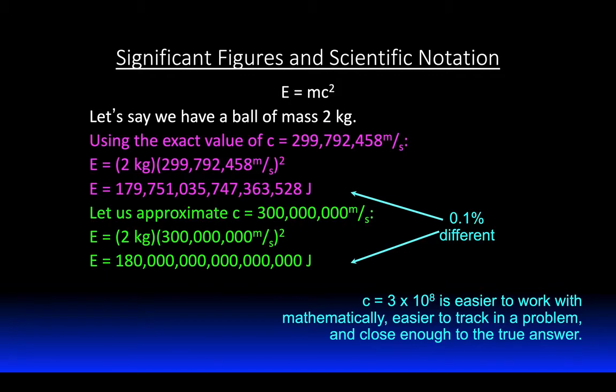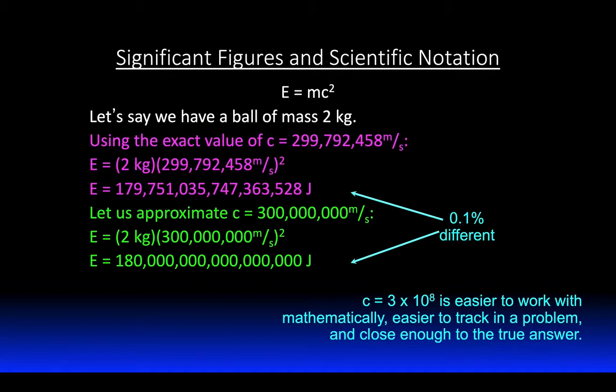So if c of 3 times 10 to the 8 meters per second is easier to work with mathematically in a problem, which it always will be, and if having an answer less than 1/1000th away from the exact answer is considered good enough, which it always will be, then we might as well just write with simple numbers rather than worrying about having to copy down long strings of digits.